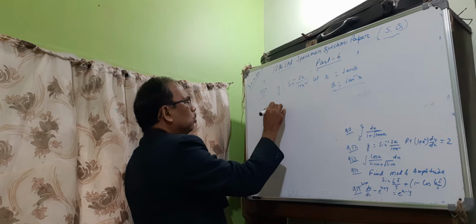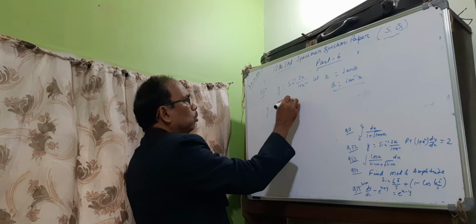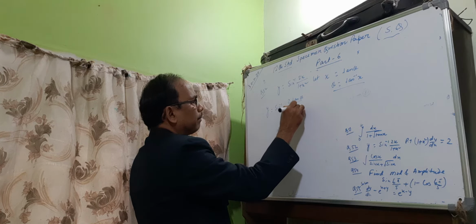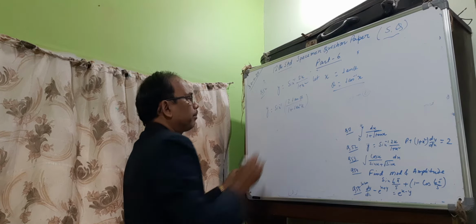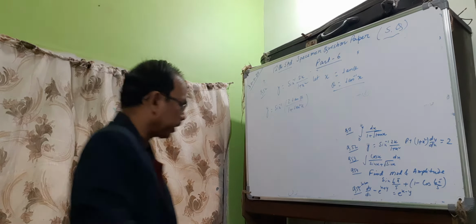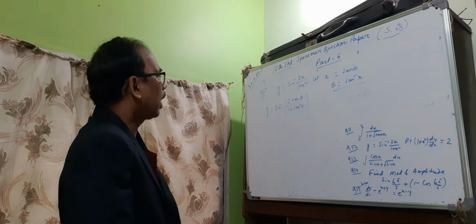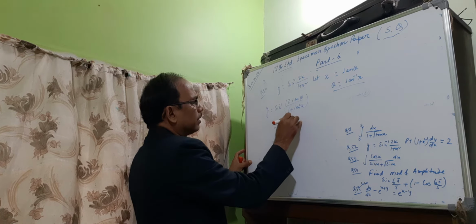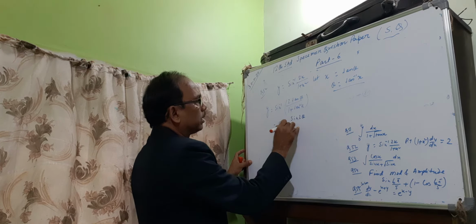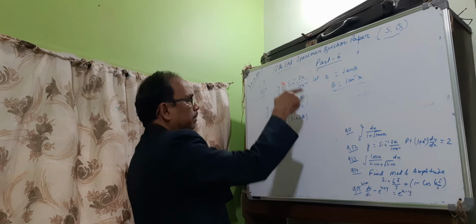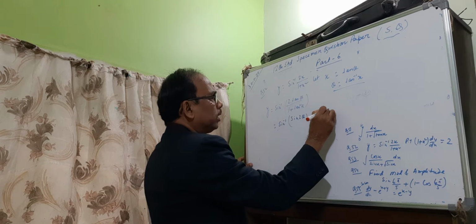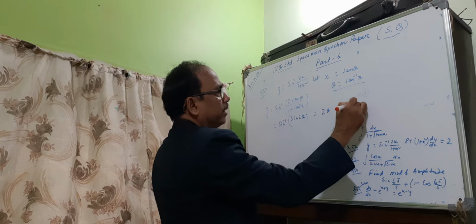Y equals sin inverse of 2 tan theta by 1 plus tan square theta. The value of 2 tan theta by 1 plus tan square theta you know is sin 2 theta, so y equals sin inverse sin 2 theta, that is 2 theta, and theta is tan inverse x.